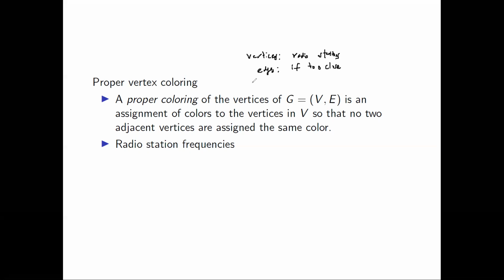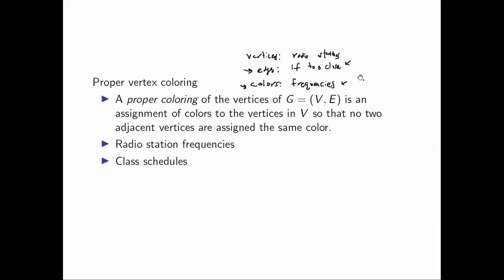And the colors are the frequencies. So we're trying to assign colors to the vertices, frequencies to the radio stations, such that no two radio stations that are too close to each other, that have an edge between them, are assigned the same color/frequency.